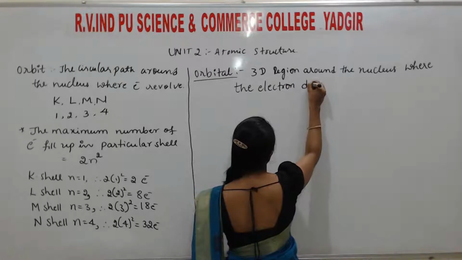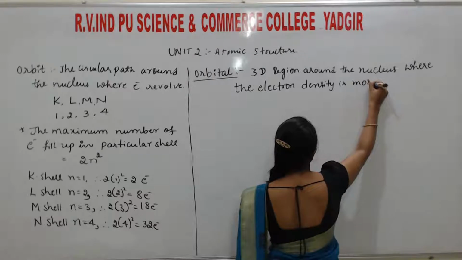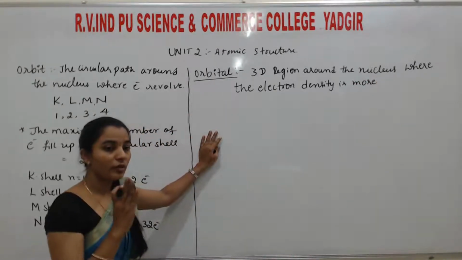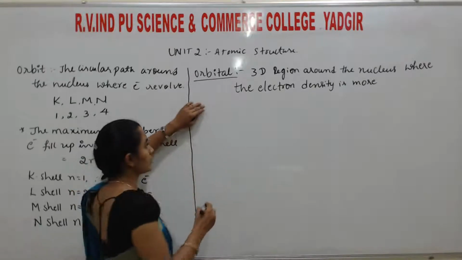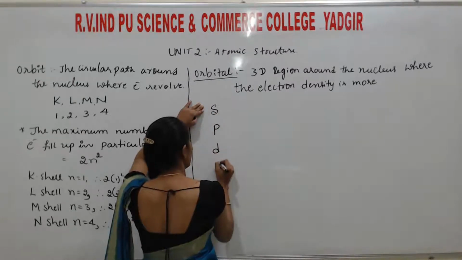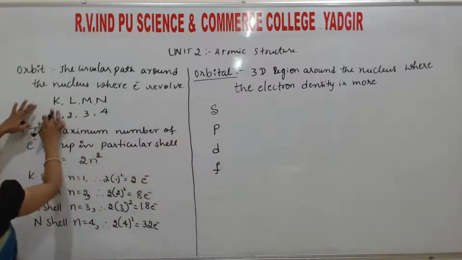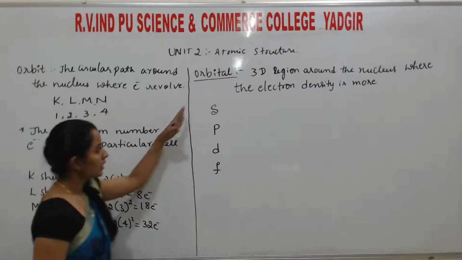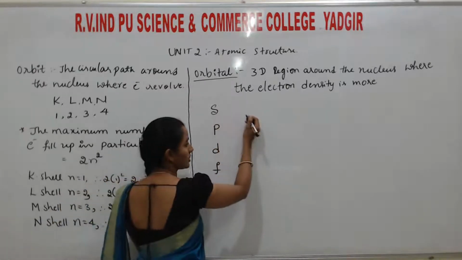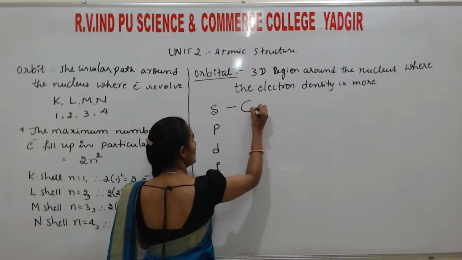Where the electron density is more. So students, in this orbital, 4 different types of orbitals are there: S orbital, P orbital, D orbital and F orbital. Like KLMN shells, similarly here SPDF orbitals are there. They have particular shapes. Listen, S is spherical in shape.